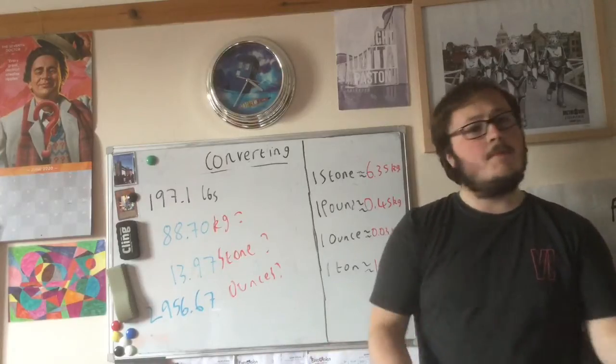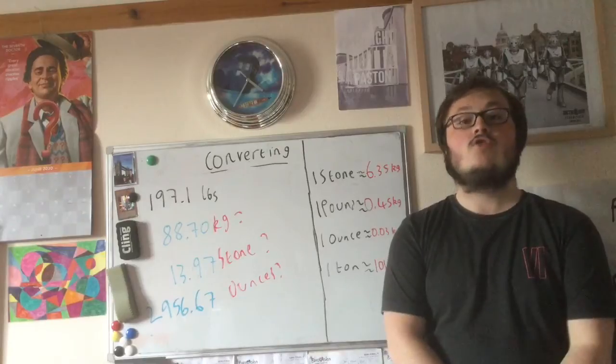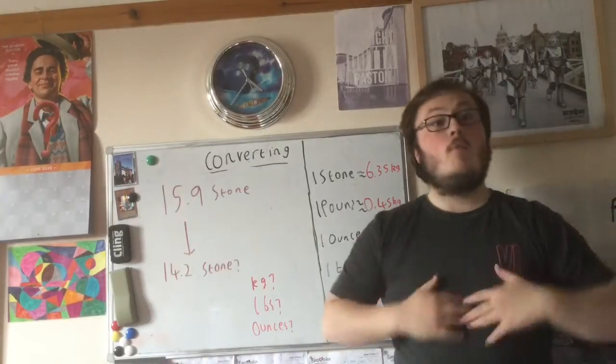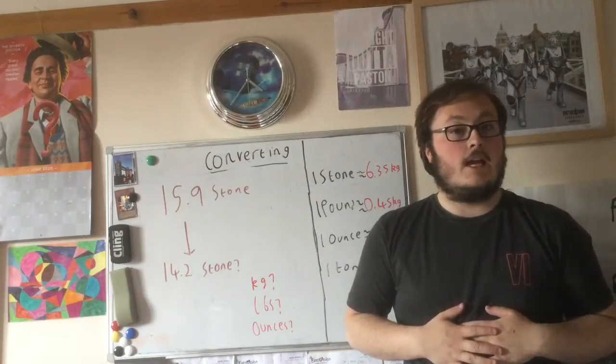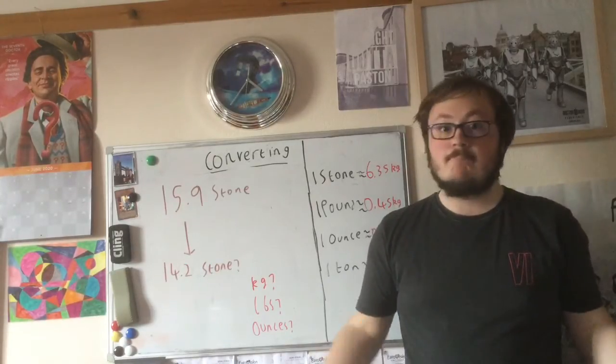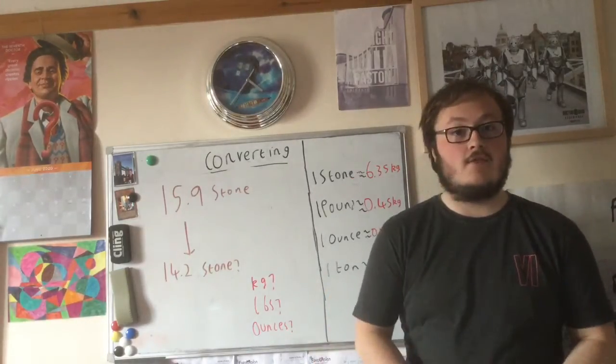Now, because we've been doing converting from Monday to today, let's now do our challenge. Now, I will admit that I do consider myself to be a little bit over the weight I wanted. I will admit this. And during the course of this lockdown, I've been doing everything I can to lose weight.